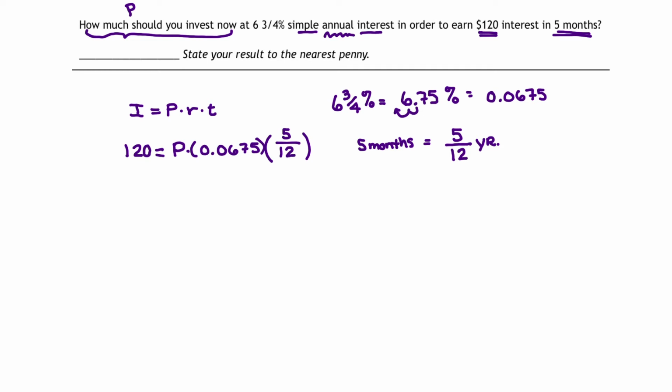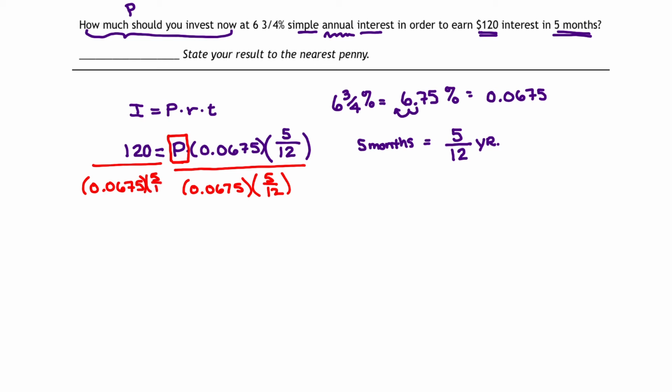Now that we've plugged all our information into our formula, we're ready for the last step, and that is we want to solve for the unknown principal or P value. That means in this equation, we need to get rid of the 0.0675 and the 5/12. And we can do that by dividing both sides of our equation by 0.0675 and 5/12.